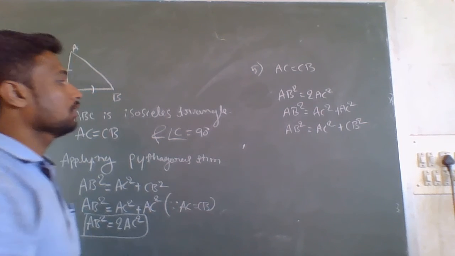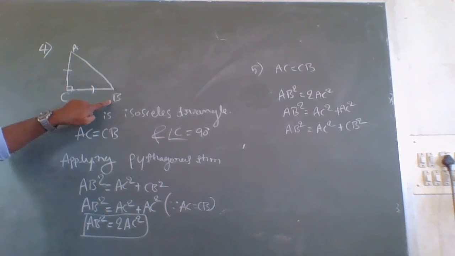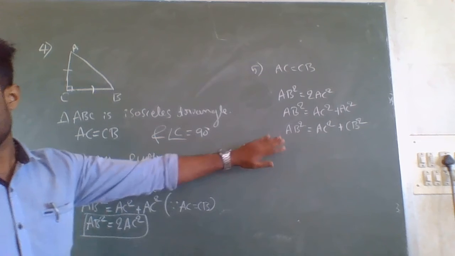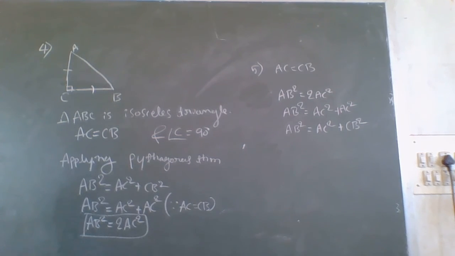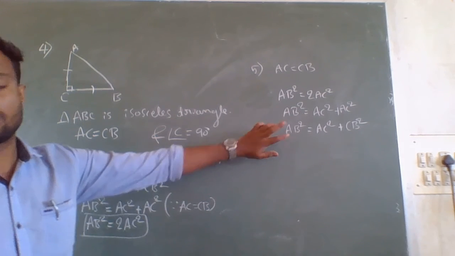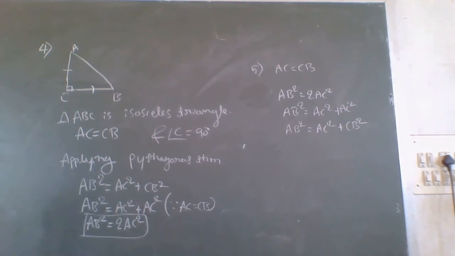So now what we got here, this AB square is equals to AC square plus CB square. Therefore here you should write this is satisfying Pythagoras theorem. Therefore triangle ABC is right angle triangle. Hence we prove ABC is right angle triangle.